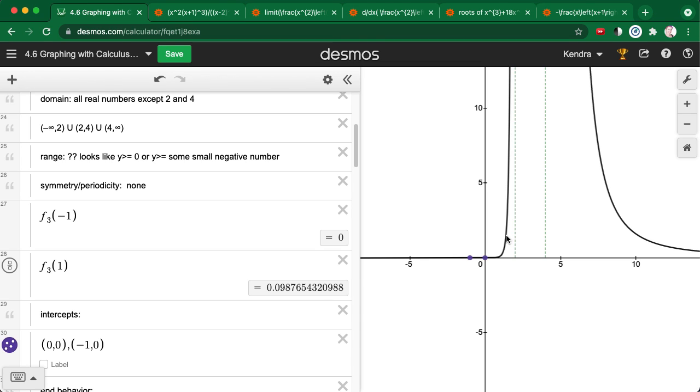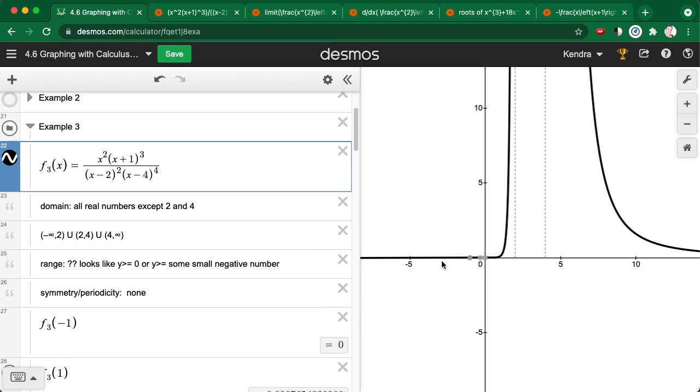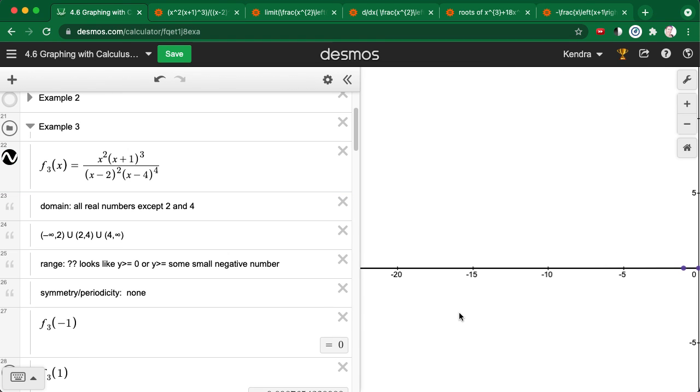What is it again? This was at negative 20. Negative 0.017. So its y is greater than or equal to negative 0.017. Okay.